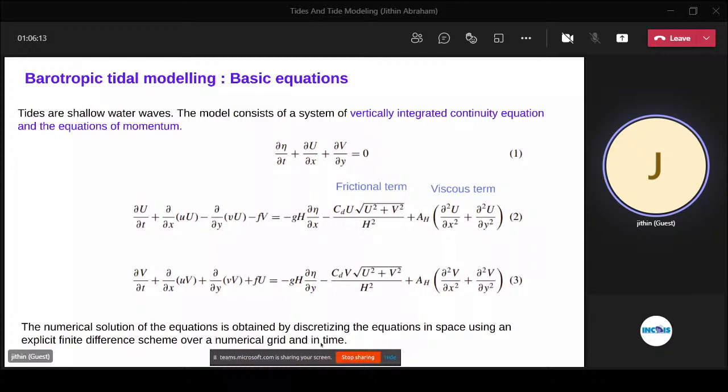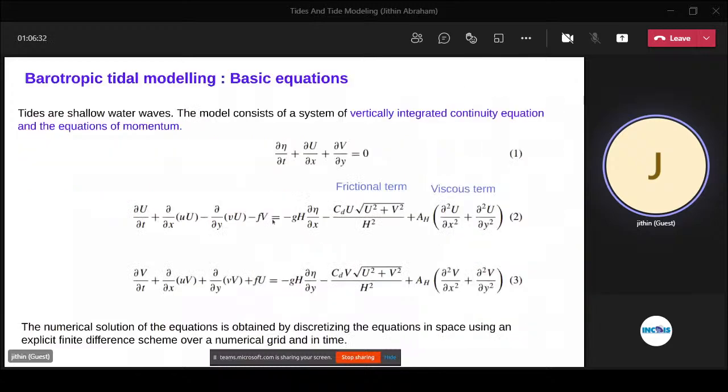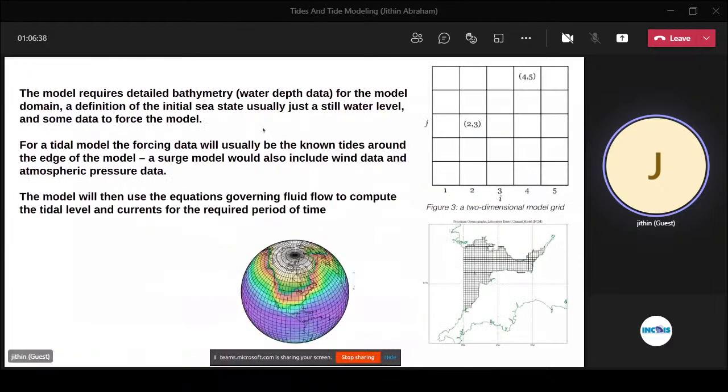The model requires bathymetry and depth and an initial state, which is usually taken as 0. The momentum equations will be discretized on this horizontal grid using numerical schemes such as finite difference or center difference schemes.